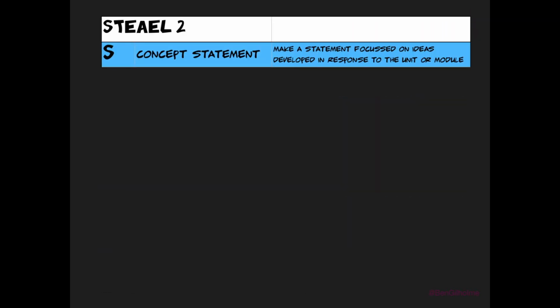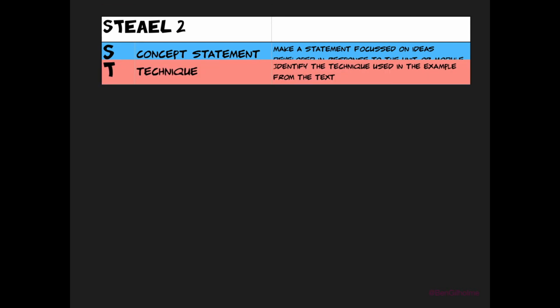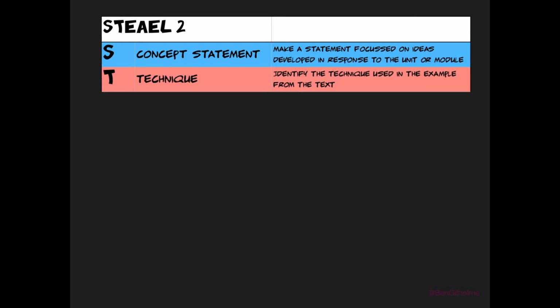Just to briefly go through each of these elements. When you compose a concept statement, you make a statement focused on ideas developed in response to the unit or module. You then support that with textual evidence.